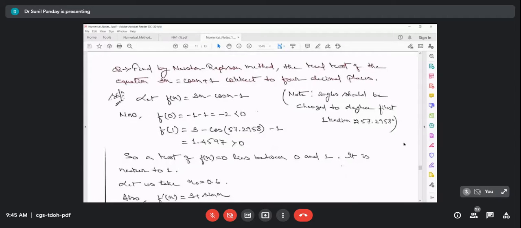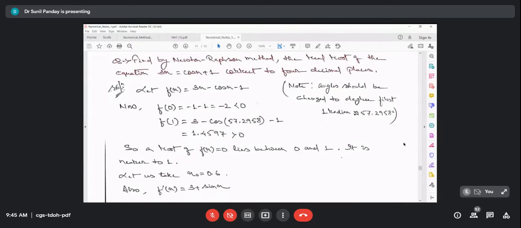And this is a question they have, where we have one function f(x) and we have to calculate the approximate root of the function 3x minus cos x minus 1. So how do we calculate this one?